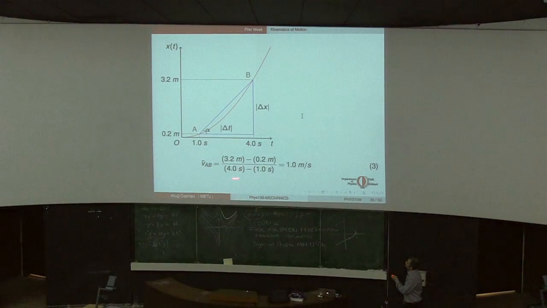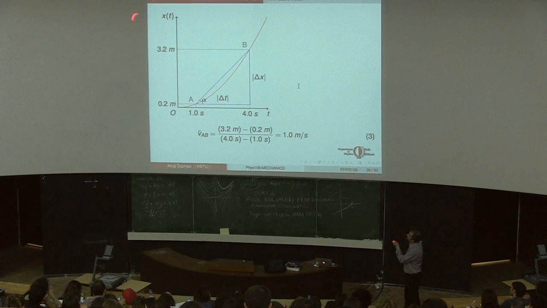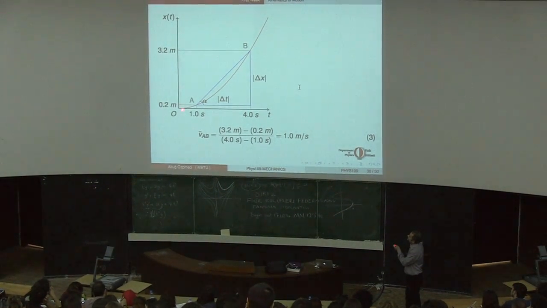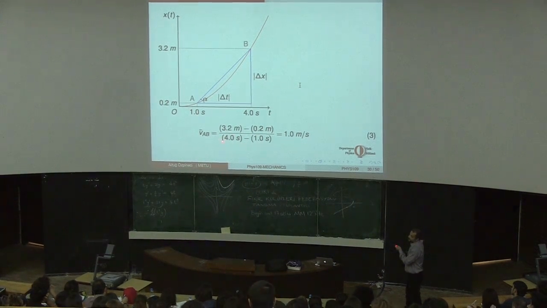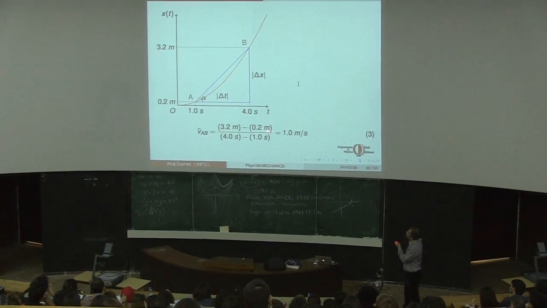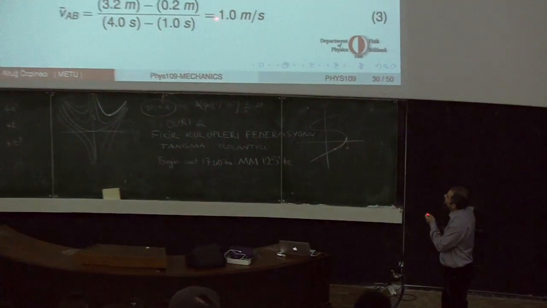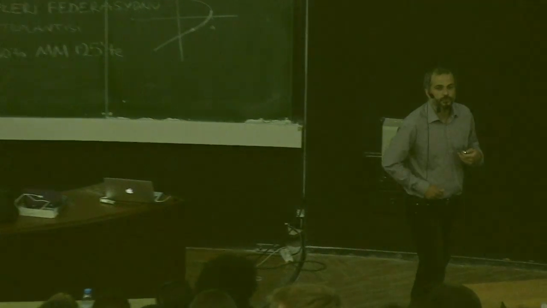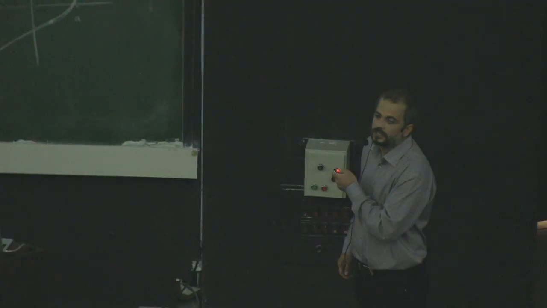Well, the average velocity is the final position minus the initial position, divided by the final time minus the initial time. So this is the distance it covered in this amount of time. So its velocity is 1 meter per second. This is the unit of velocity, meters per second. The uncertainty here is again 0.1 meters per second.